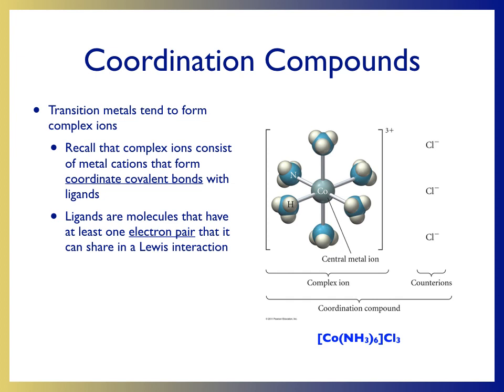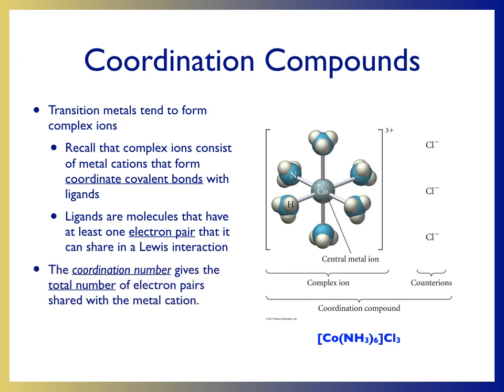The ion on the right-hand side of the screen shows a complex ion formed between cobalt 3+ and ammonia molecules. Here, the ammonia molecules serve as the ligands, or electron pair donors, and the cobalt 3+ ion serves as the Lewis acid.